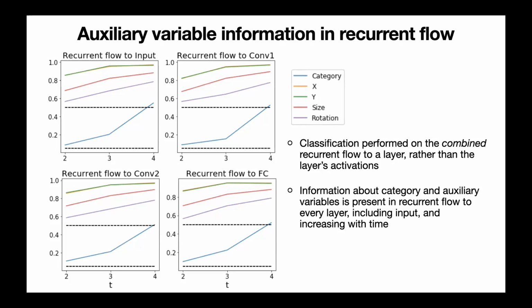And this is true for every layer, from the input to the other 3 layers. So is this information a pure epiphenomenon? Because if information is in the feed-forward layers and you project it randomly, it will look like this. Or does it play any functional role in the task, in classification?